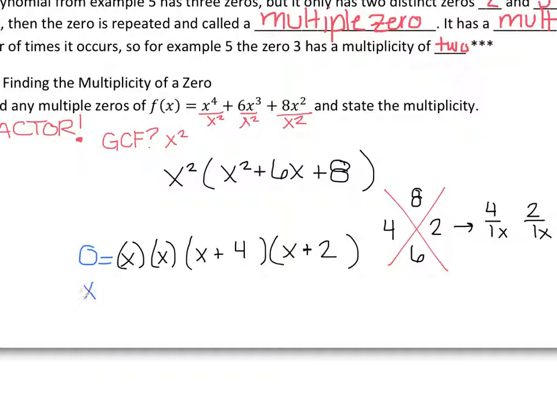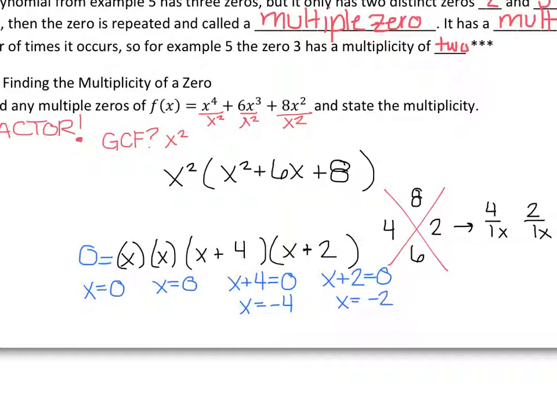So I'll have x equals 0, x equals 0, x plus 4 equals 0, x plus 2 equals 0. Simplify the last two. X is -4 and -2.